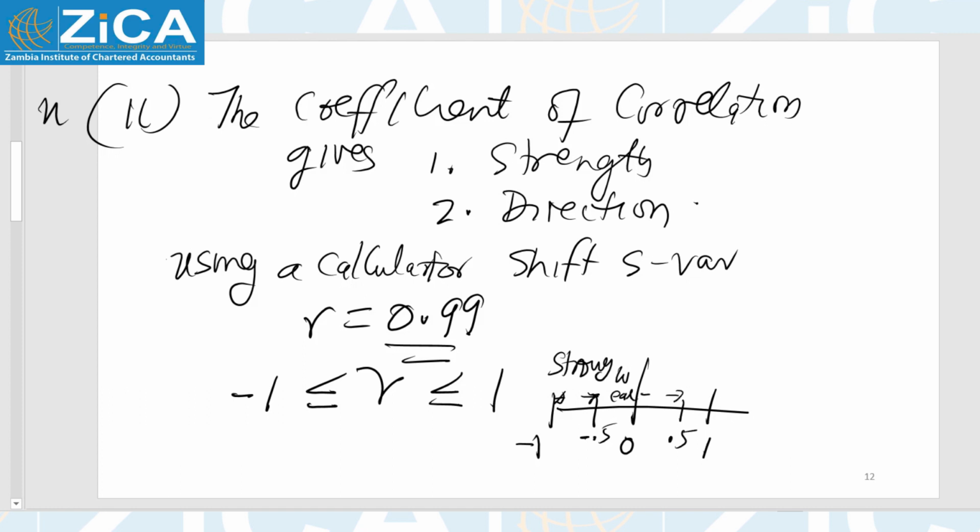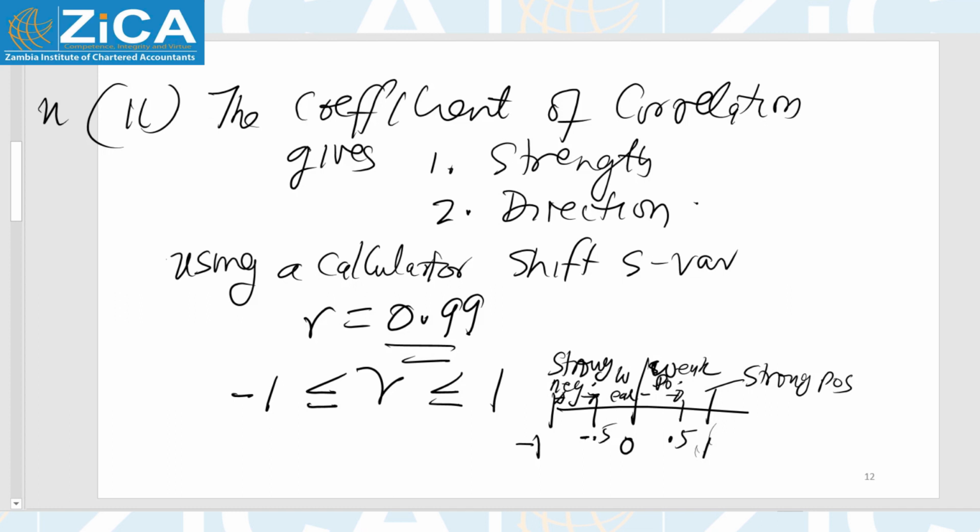In this region, you are going to have a weak but positive relationship. Here you are going to have a strong but positive relationship. Any value close to 1 will be a strong positive relationship. But any value close to -1 will be a strong but negative relationship.